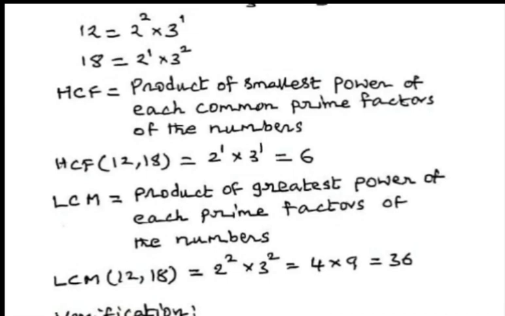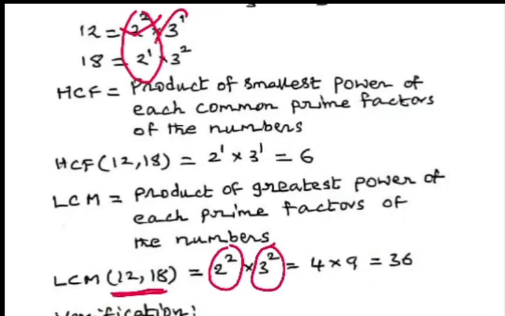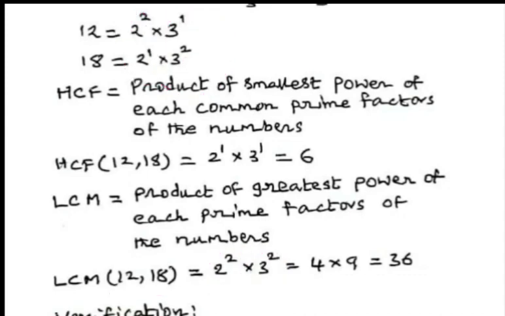Now to find the LCM, we consider 2 power 2 and we consider 3 square. The highest power is considered for LCM, and the smallest power is considered for HCF.